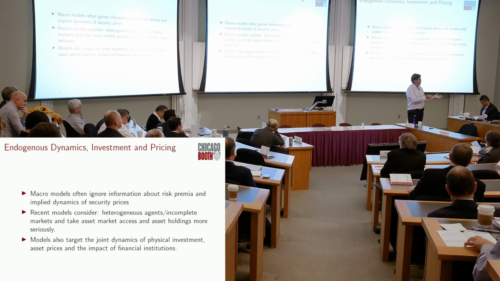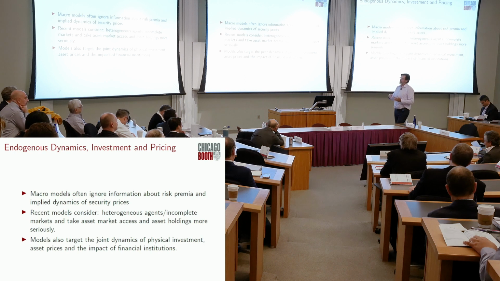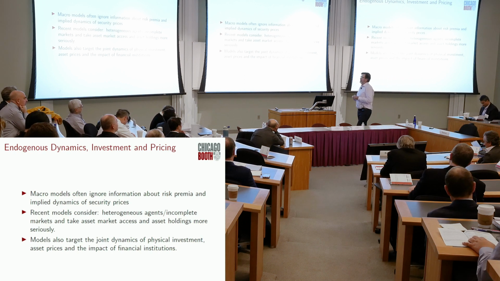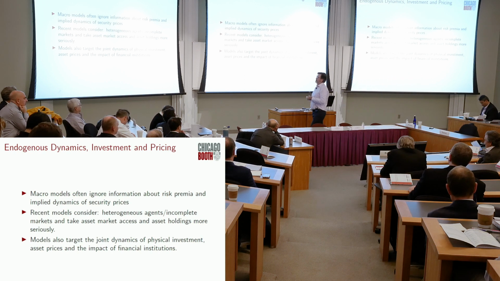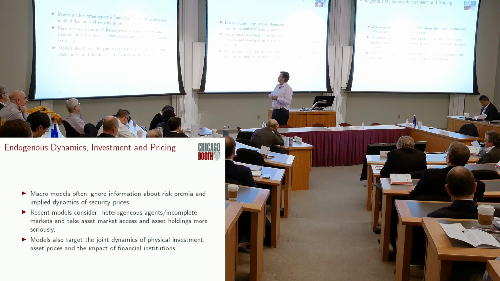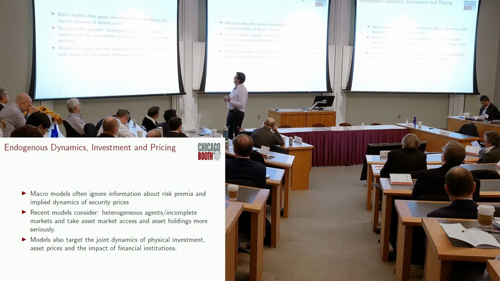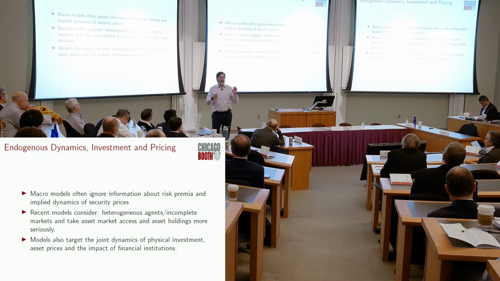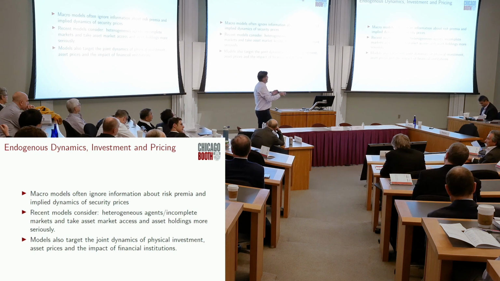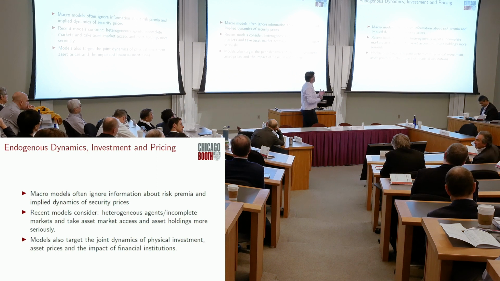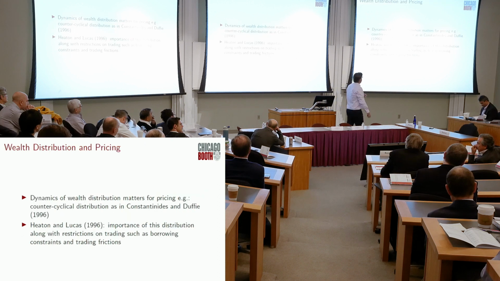Perhaps that's intangible, but it's an important mechanism. Now, recent models, if you think about some of the new Keynesian ones that are closest to things I think about, have added heterogeneity and incomplete markets, and they are taking asset markets more seriously, because you have to look at where those constraints might be and so on.